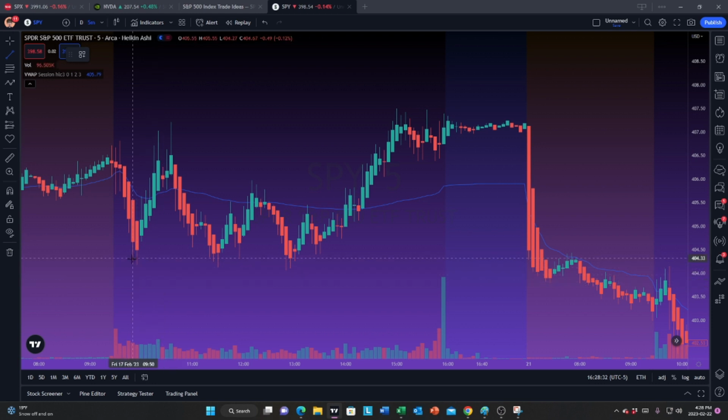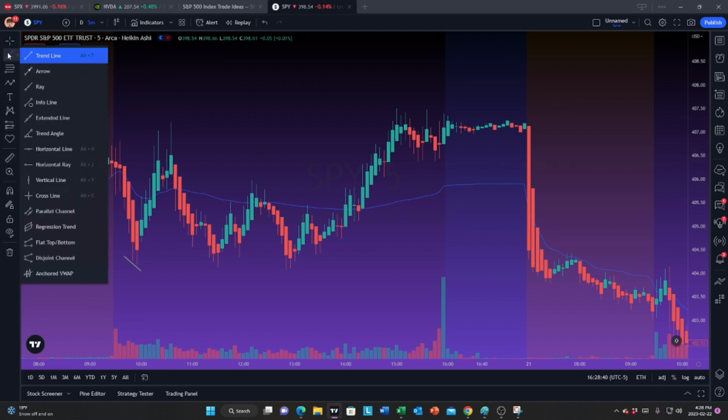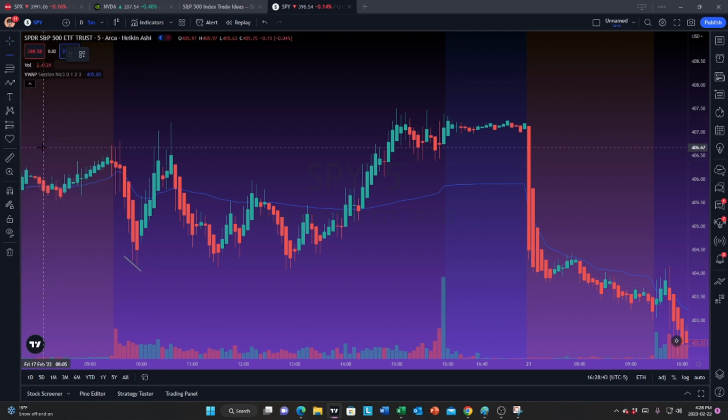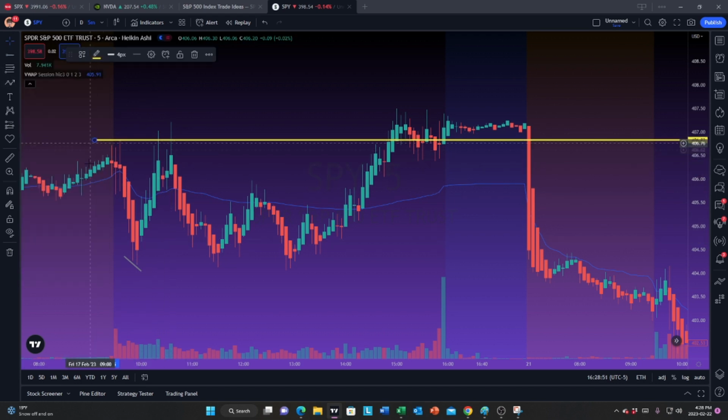So here it is telling you we're going to reverse, but we're likely going to make a new low. So you can set your take profit probably here. I would set my take profit probably just below the high of the day so far, which would be right here.